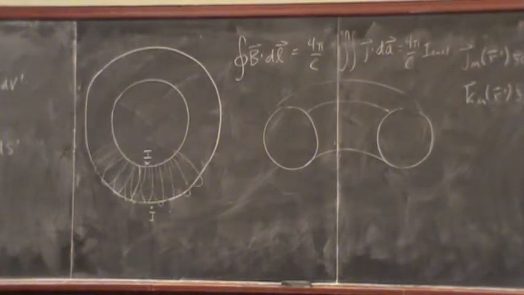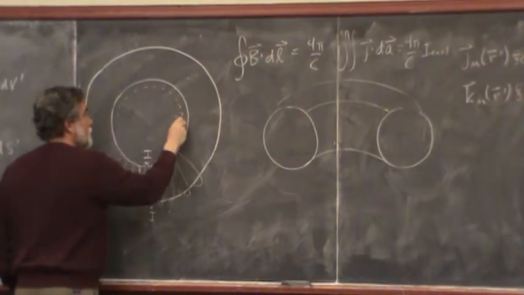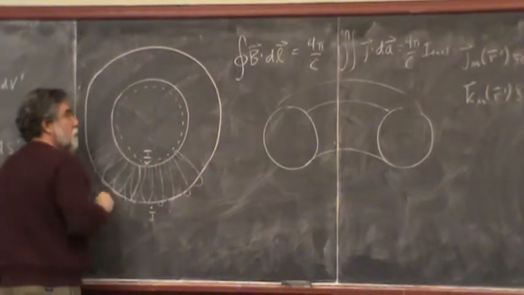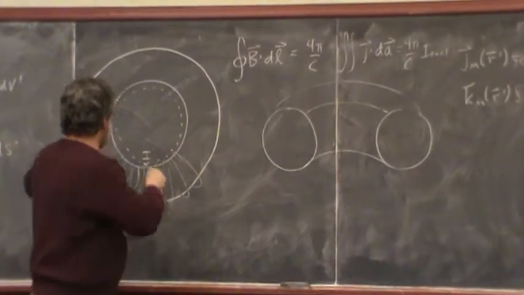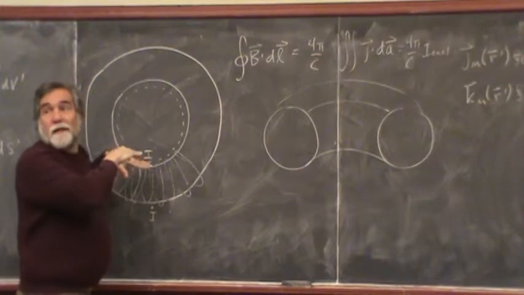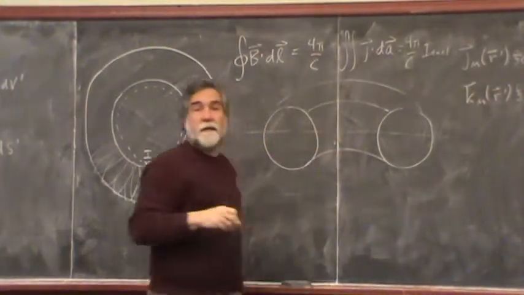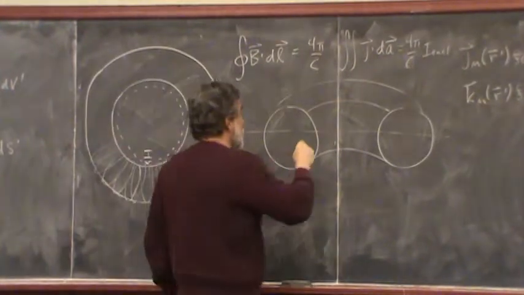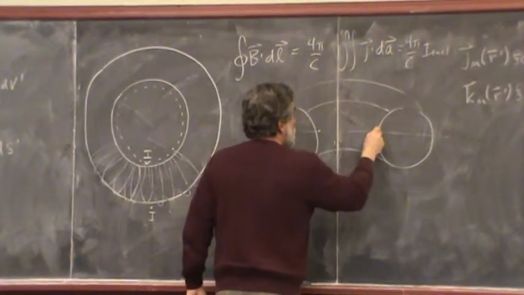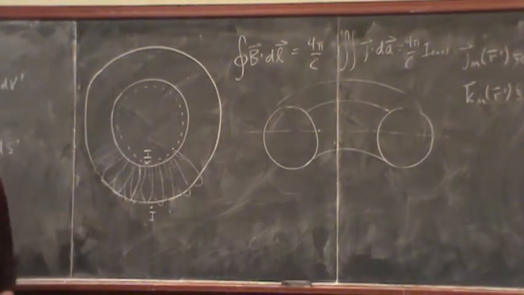Actually, we can find it in all regions. Let's start here. I want to find the magnetic field in this region on the inside. I'll take a path in a plane that crosses right down through the center, a path that starts here and goes around like so, so it goes inside all of the current in the problem.